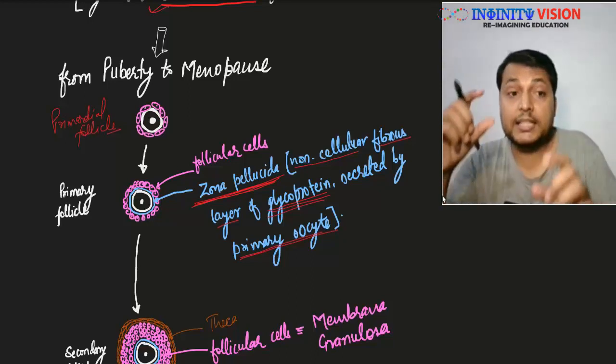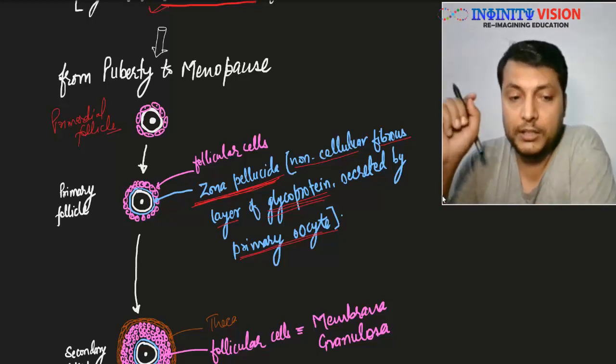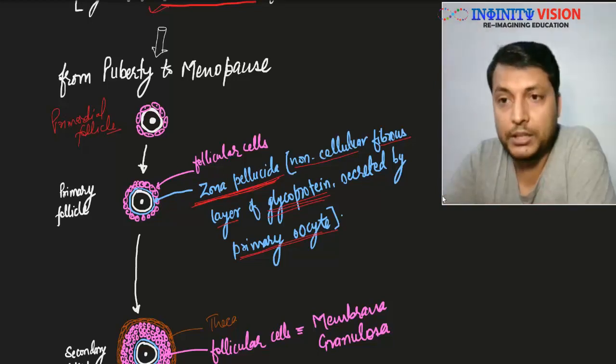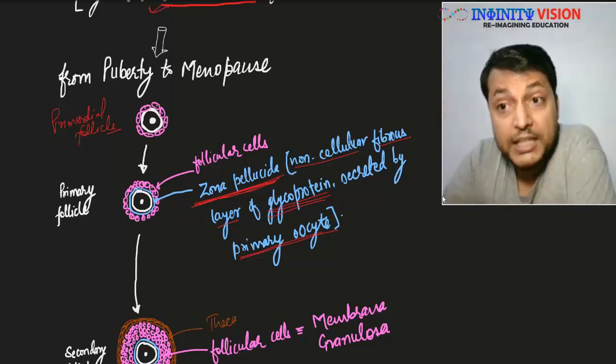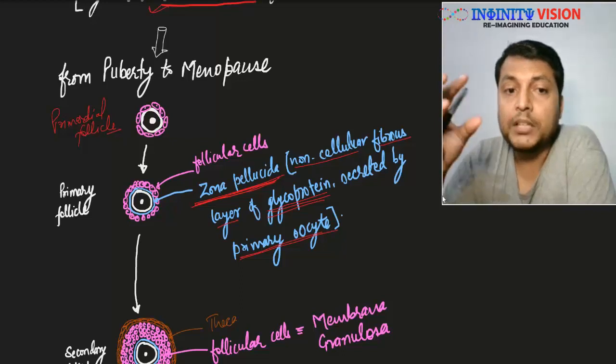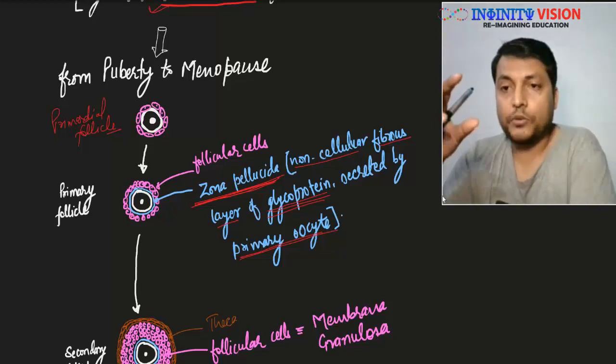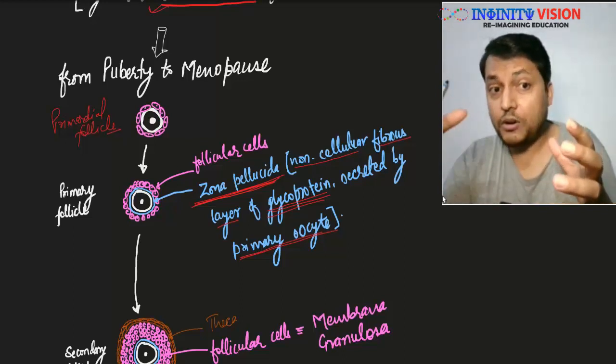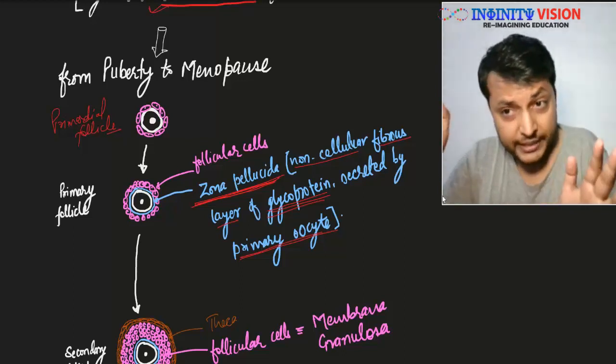Now this stage is called early follicle. Now there is another stage called late primary follicle. In the case of late primary follicle, the follicular cells will further increase, so there will be multiple layers of follicular cells. That's it.